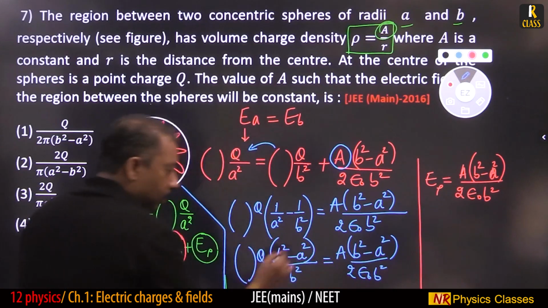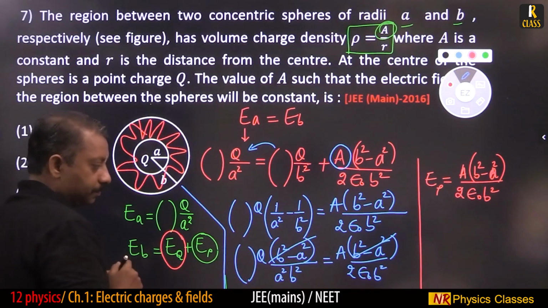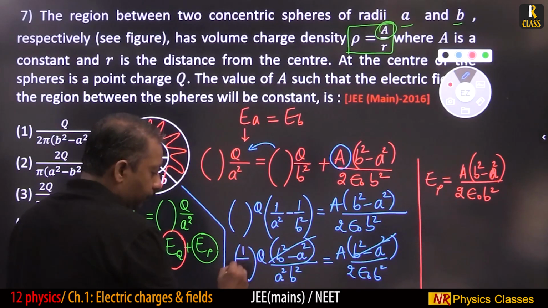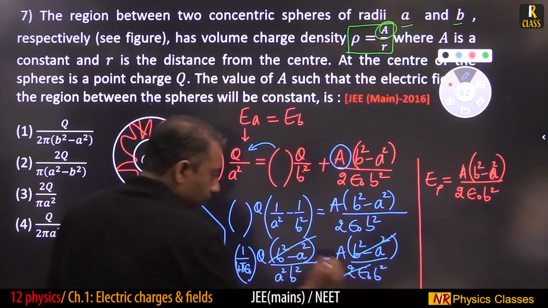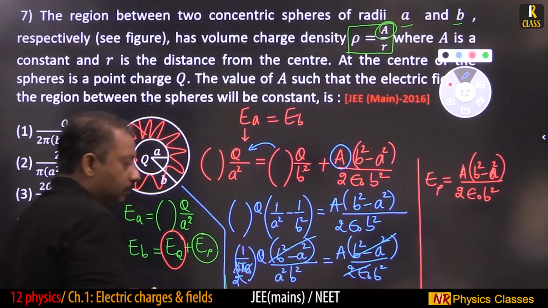See, automatically things are arranged. Things just cancel. Now this constant is 1 by 4 pi epsilon naught. With 2 epsilon naught, this is 2 pi.